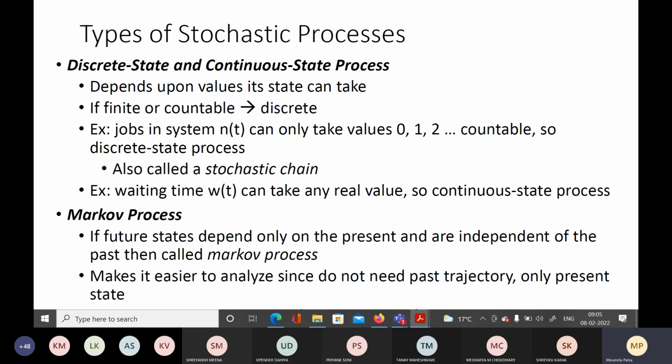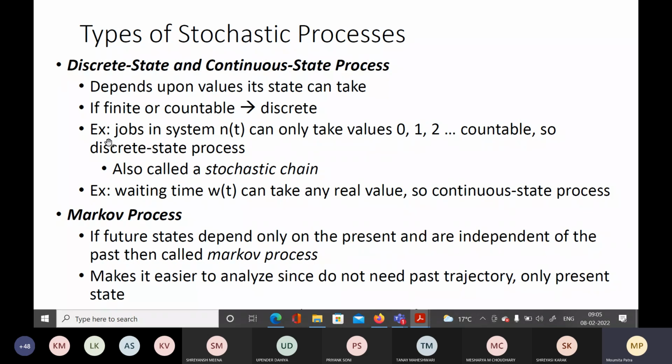If they can take any real value, that means you cannot count them, then you call them continuous state processes. It basically depends on the values that its state can take.